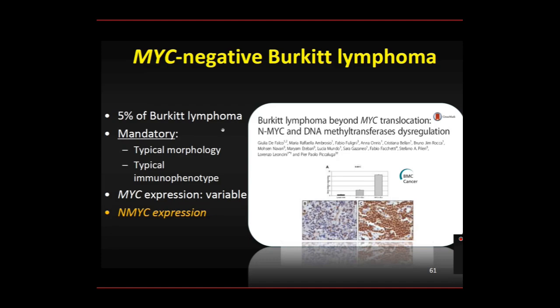What is interesting from the pathogenetic point of view is that in those cases in which you don't have MYC, you find MYCN. Just to refresh, MYC is what you may have heard about in your life as c-MYC. The name c-MYC hasn't existed for 20 years, since 2000 more or less.